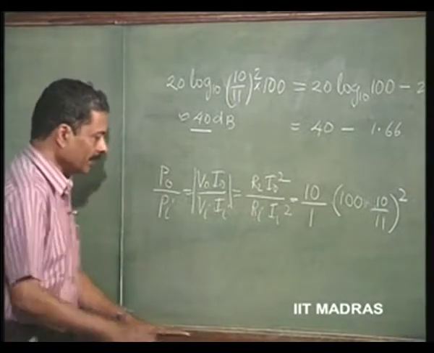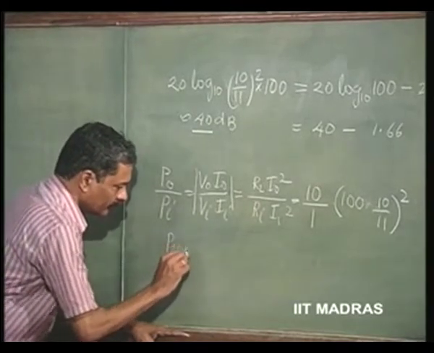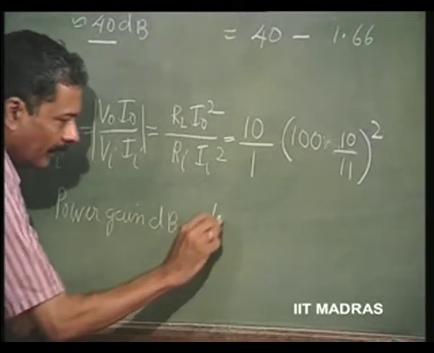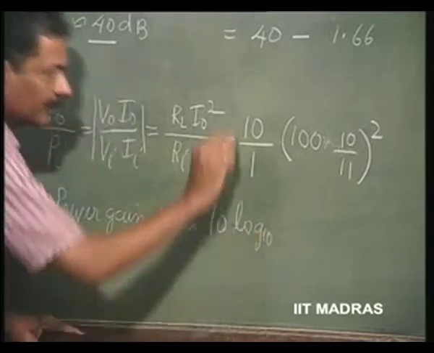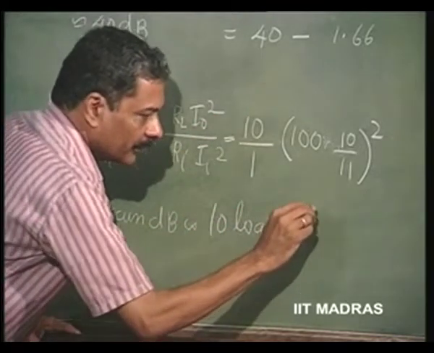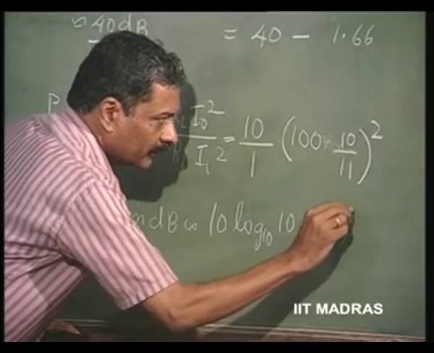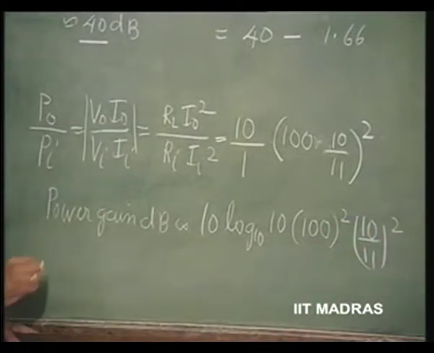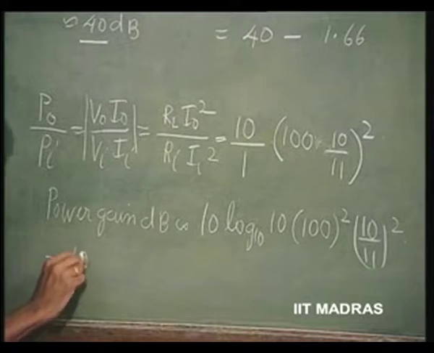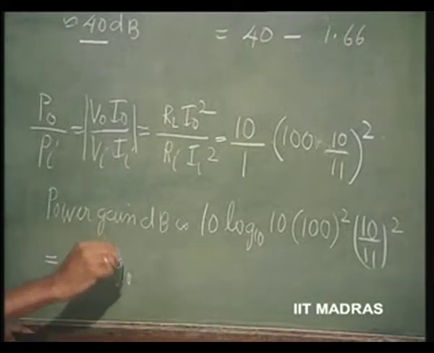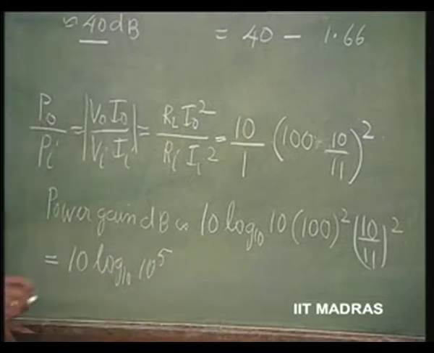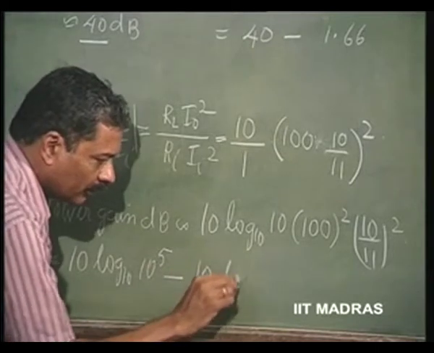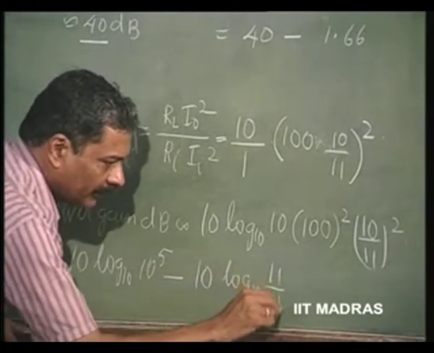So, power gain in decibels is 10 log base 10 of this factor, which is 10 into 100 squared to 10 by 11 squared, which is going to be equal to 10 log to the base 10, 10 to power 5 minus 10 log to the base 10, 11 by 10 squared.